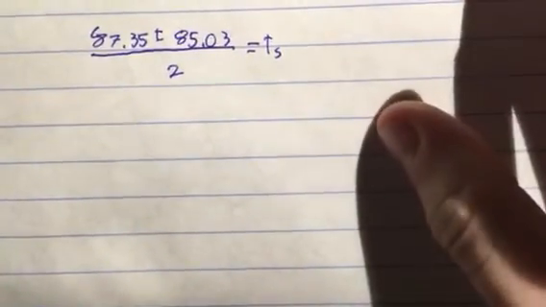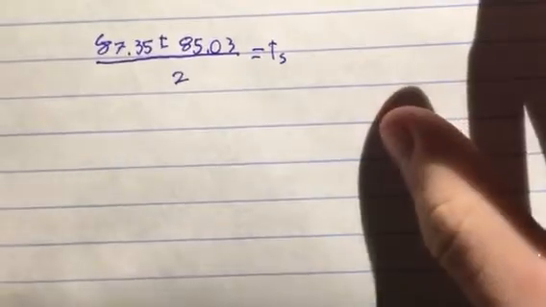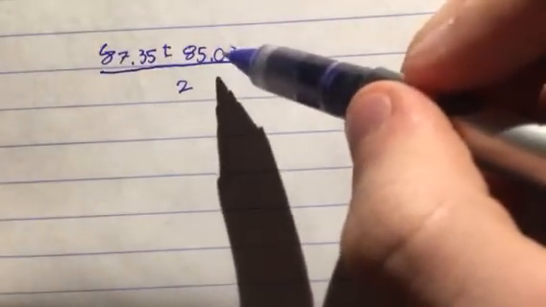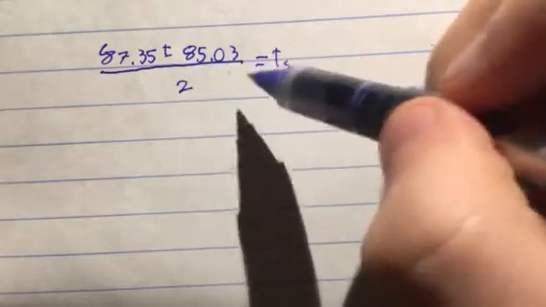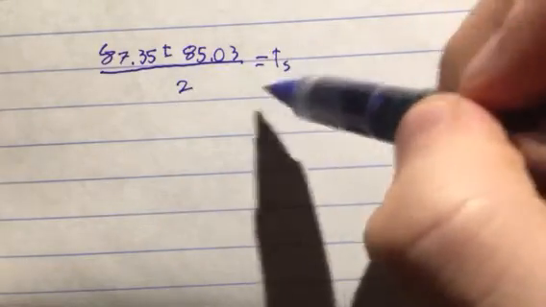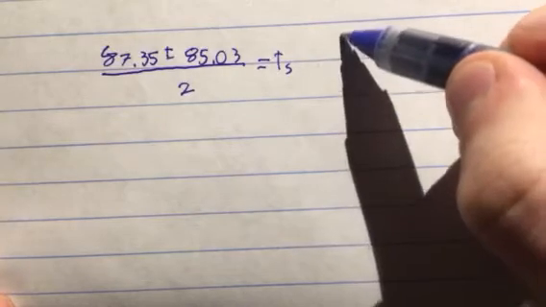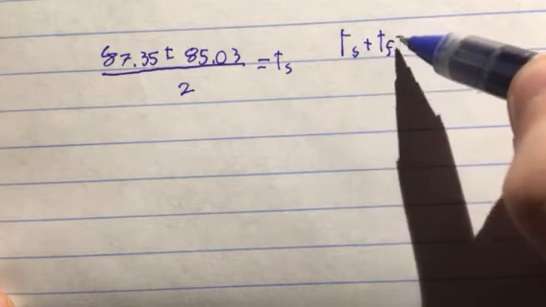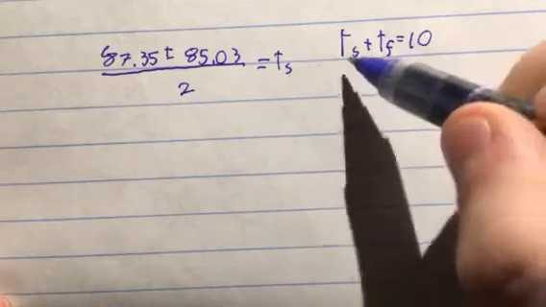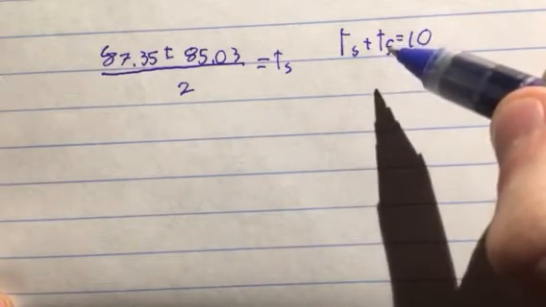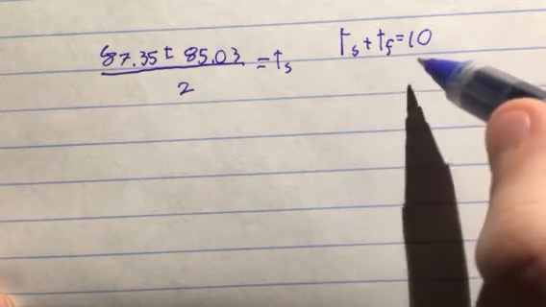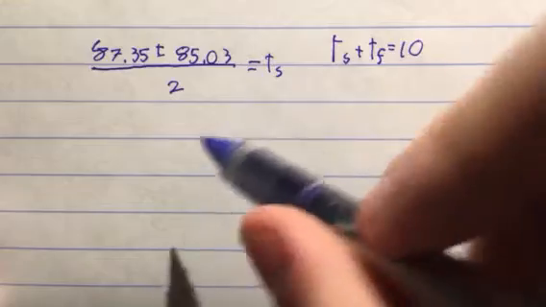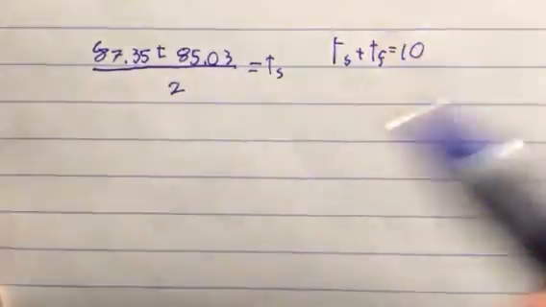One quick thing that you want to note here. If we add 87.35 plus 85.03 divided by 2, we're going to get a huge number for TS. And remember that TS plus TF equals 10. So if we get a giant number for TS, then we're going to have a negative time for the falling rock. And in physics, negative time doesn't fly, so we're not going to do that.